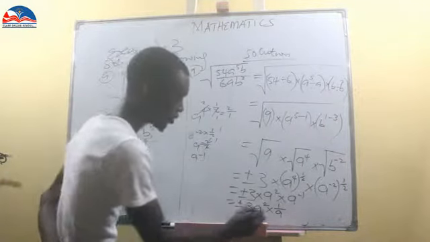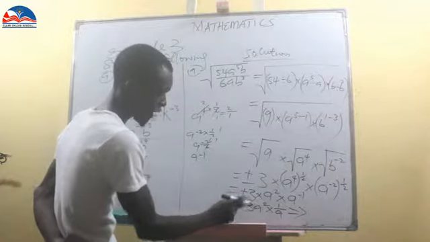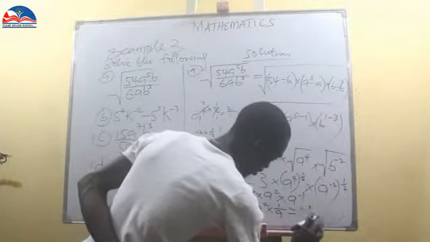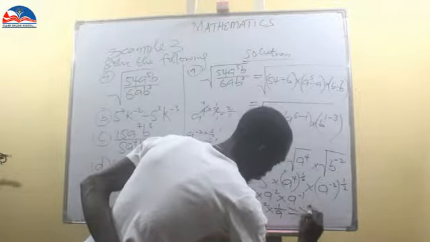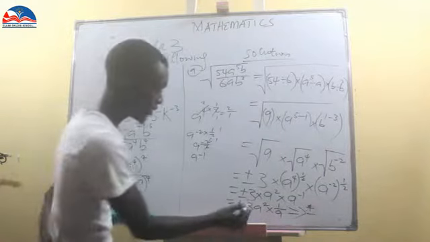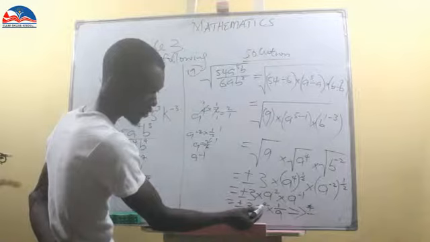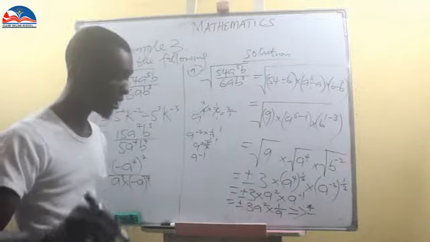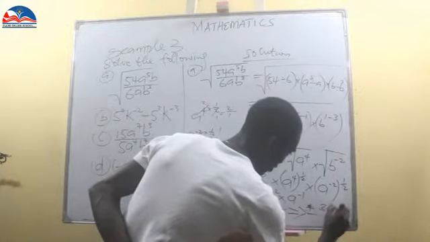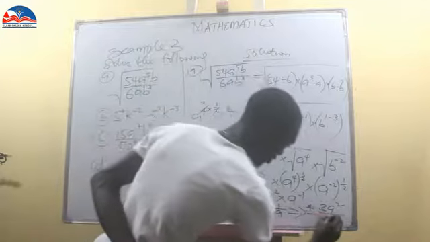So here, we want to have that it is equal to plus or minus 3a index 2 times 1 over a, which will give us 3a index 2 over a.